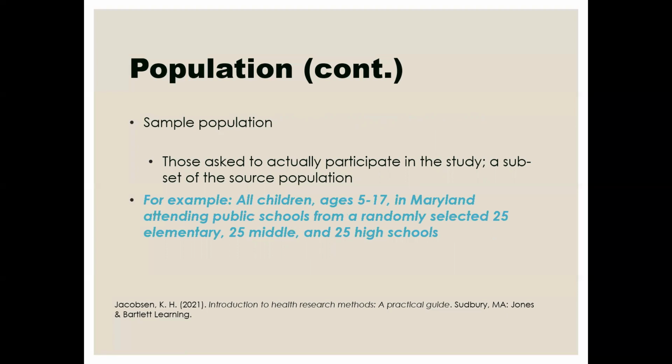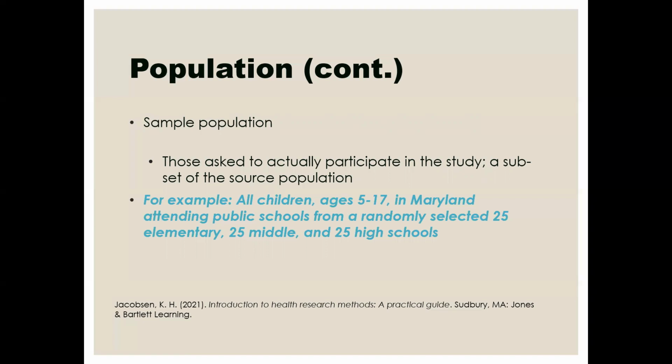Then we use the sampling frame to get from the population to this lower level, which is the level that we actually work with. This is your sample. Who are the people that you're working with, and who are the people you're going to ask to participate in your study? We began with all children in Maryland, 5 to 17. We narrowed it down to public schools, and then we further refined the sample.